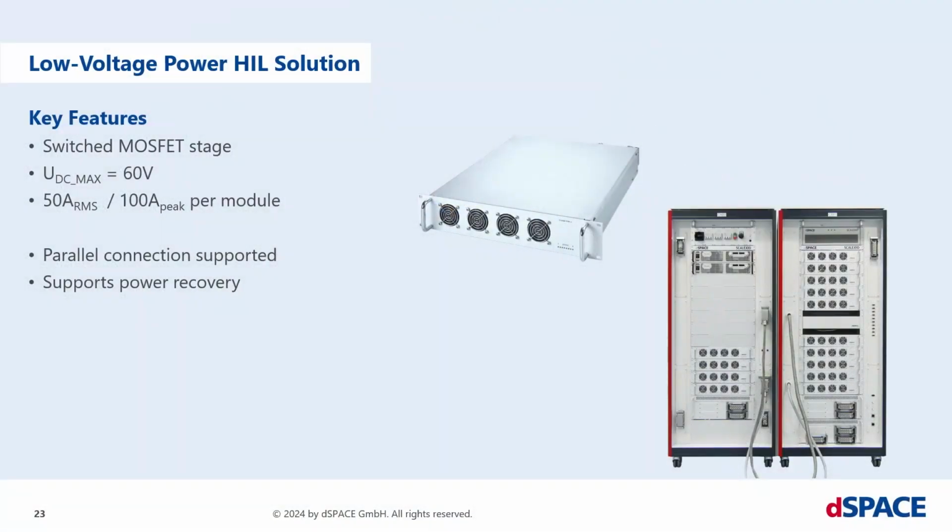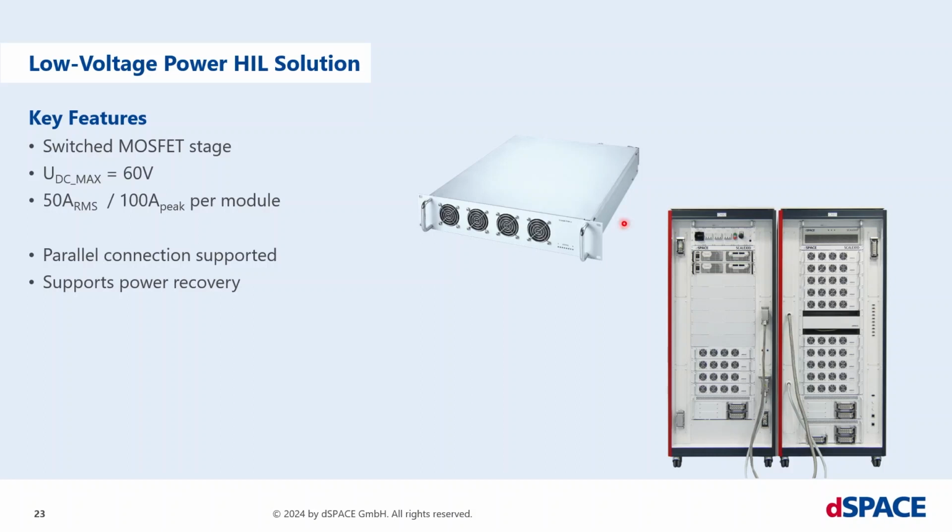There's a slight difference between these low voltage modules because each low voltage module can represent 5 functions instead of 1 function. So these modules are set up, for example, for the use case of having an emulated battery on the one hand, so the plus and the minus pole, and a 3-phase machine on the other side. But with these 5 functions, you can also represent the functions that you want to have in your power hardware in the loop.